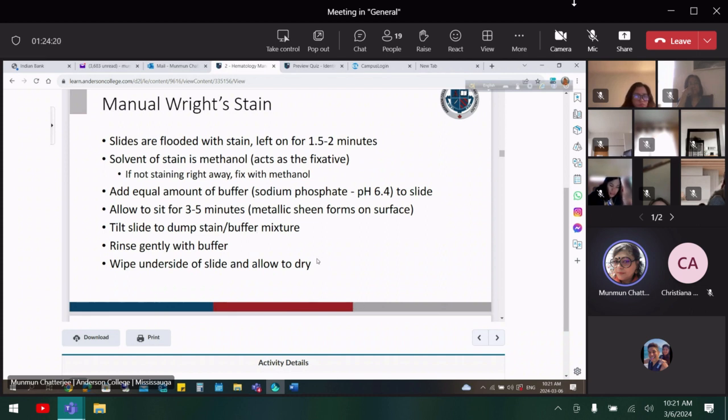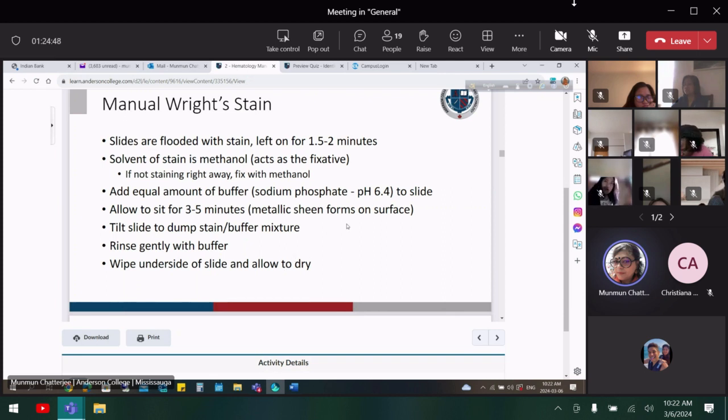So basically you flood the slides with the stain, then you leave it for 1 to 5 minutes. And then you dip the excess stain off, and then you put an equal amount of buffer, like the sodium phosphate buffer, on the slide and allow it to sit for 3 to 5 minutes.